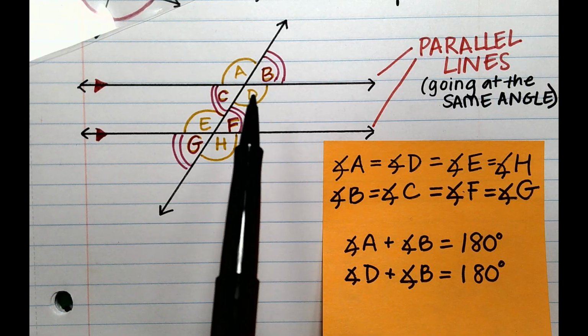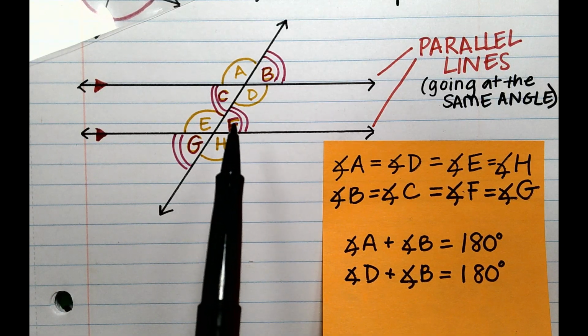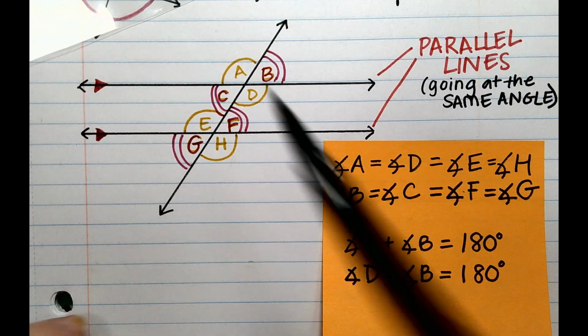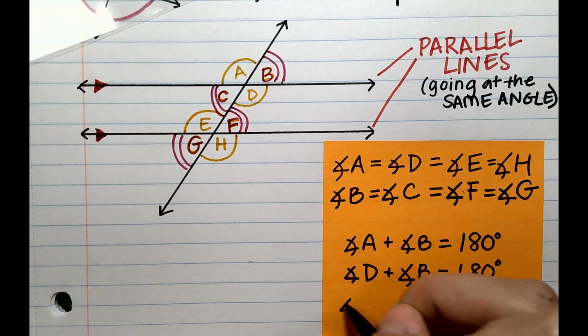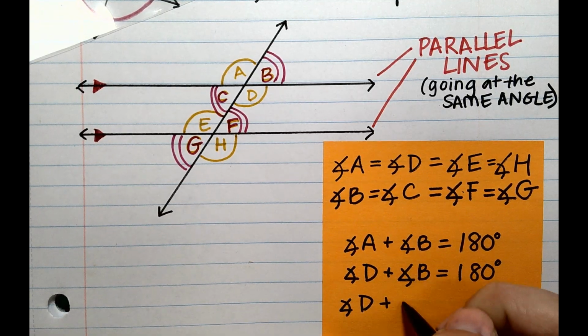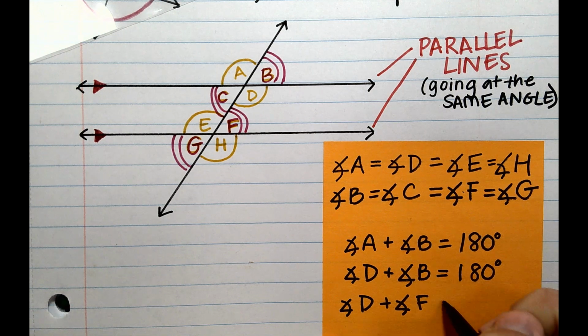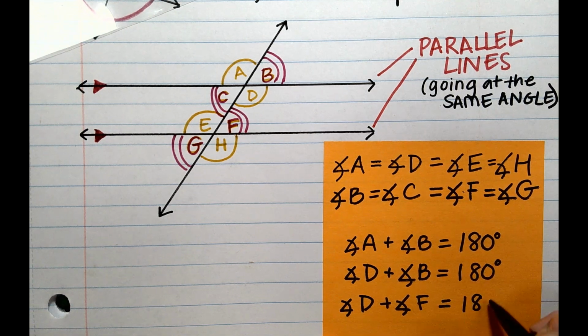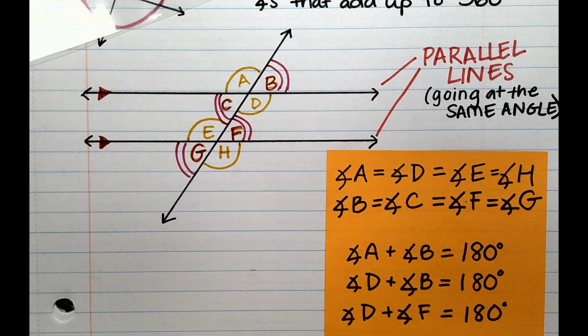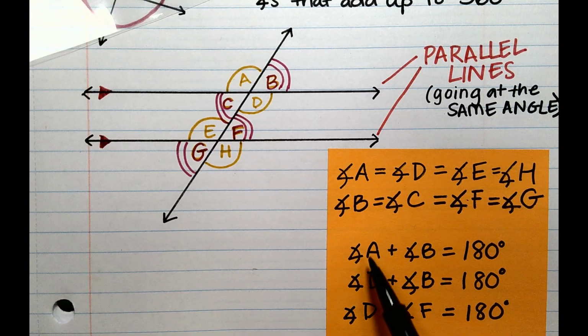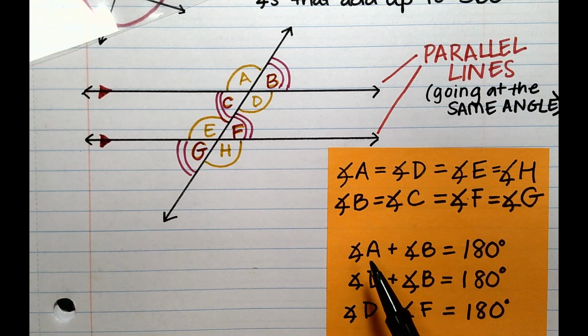I want to talk about the angles also that Jessica pointed out. You pointed out that D plus F make 180, or C plus E makes 180. So let's write angle D plus angle F equals 180. I know that I can replace A with D because we just did that above. A and D are equal. Can I say that D plus F is 180?